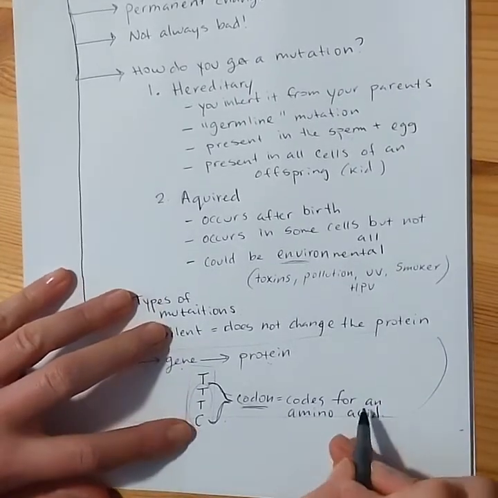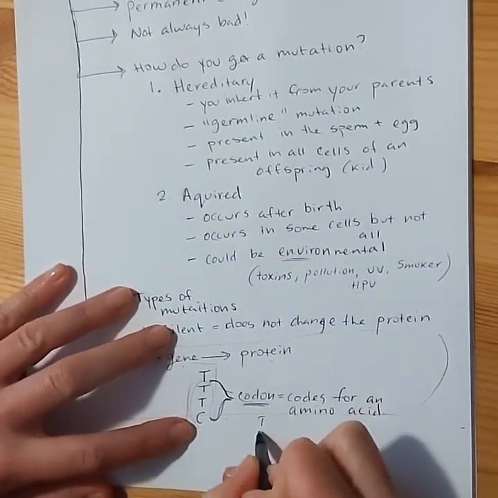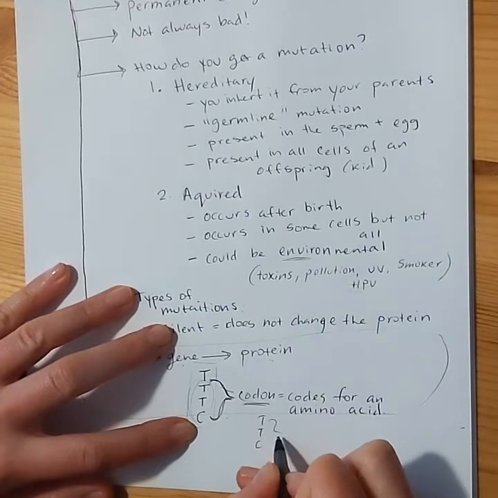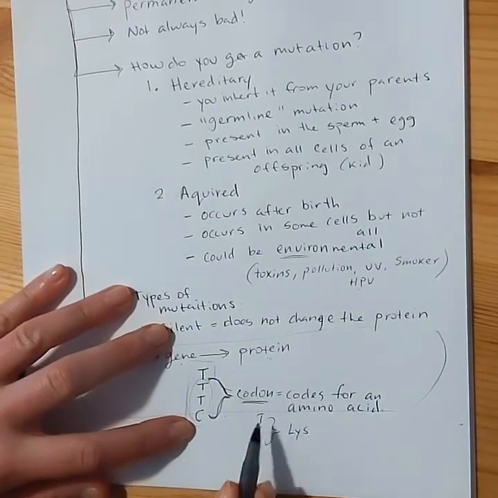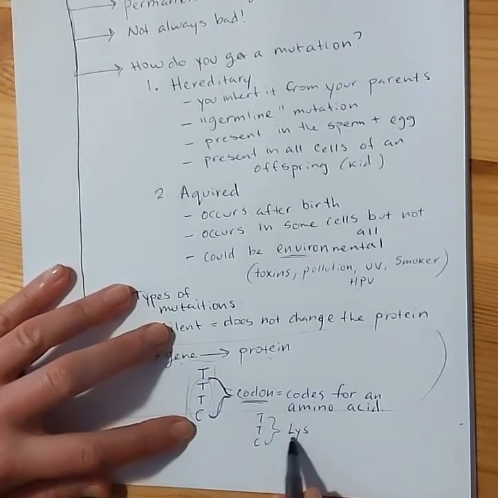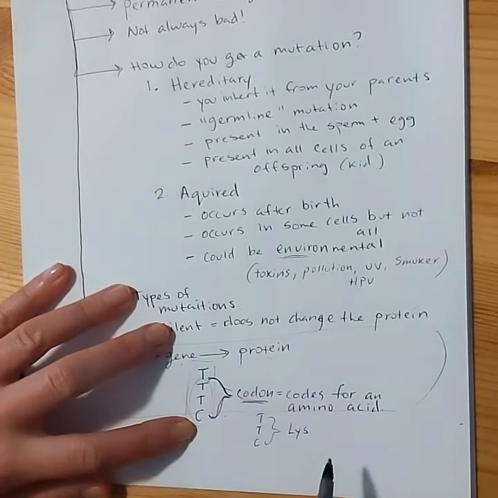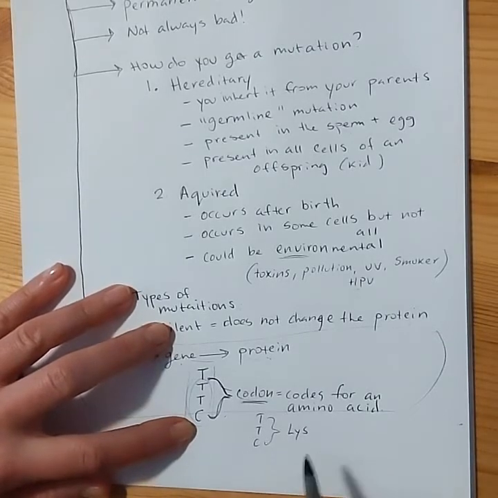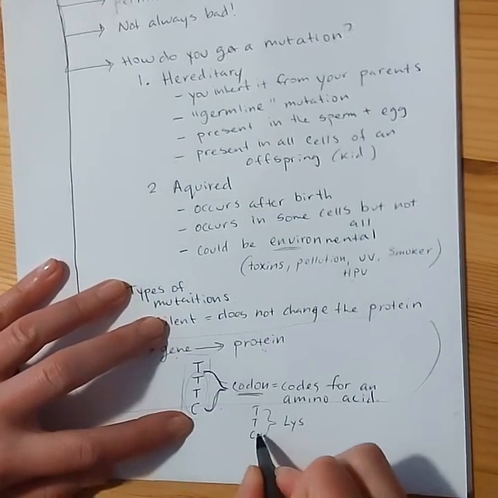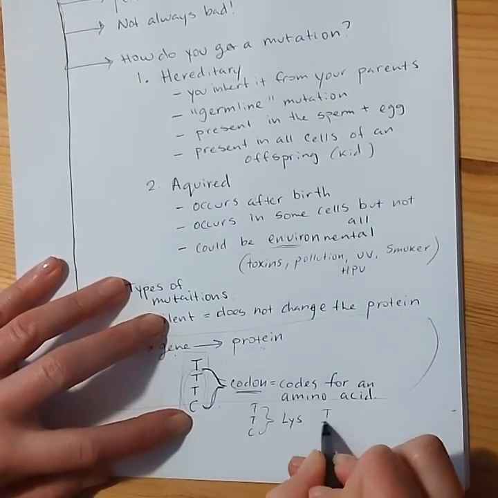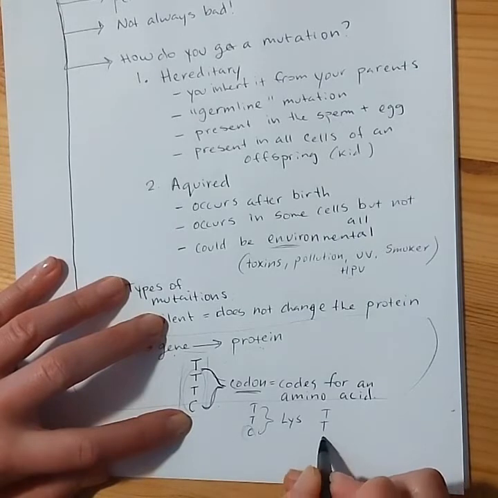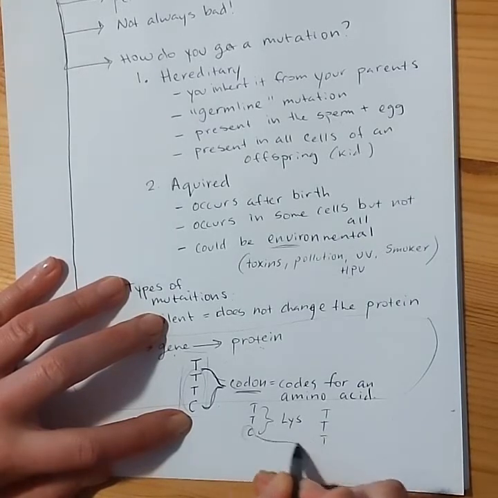But it turns out there's some redundancy. So TTC, this amino acid is called lysine. That's what this codon puts into the protein, because proteins are made of amino acids. The monomers of proteins are amino acids. So if I were to make a little bit of a change to this codon, let's say I changed the C and I made it a T, so that's my mutation.